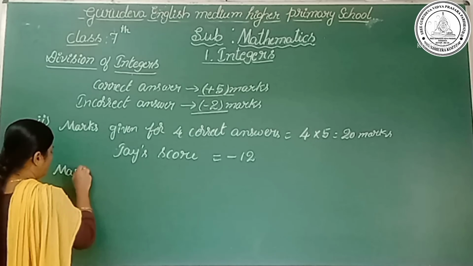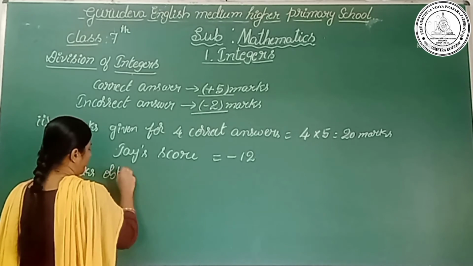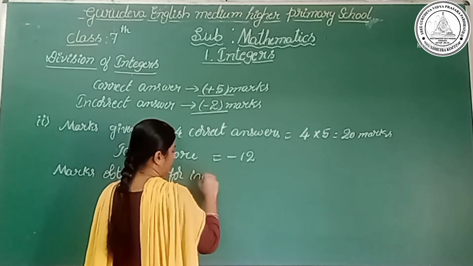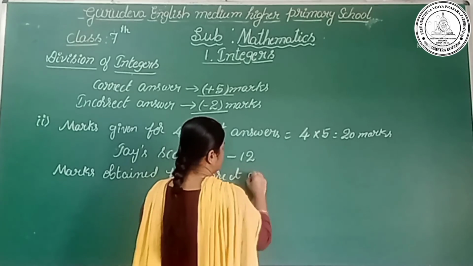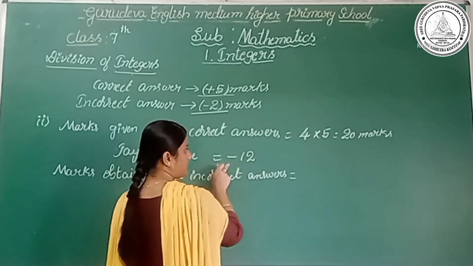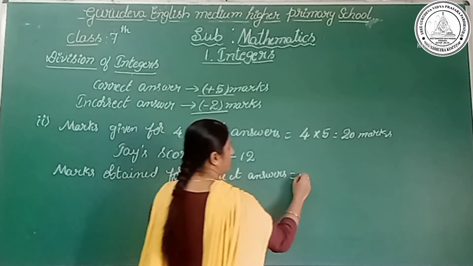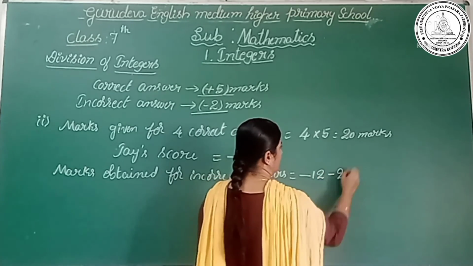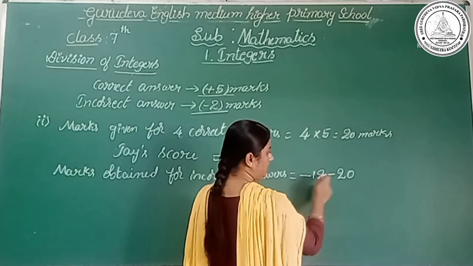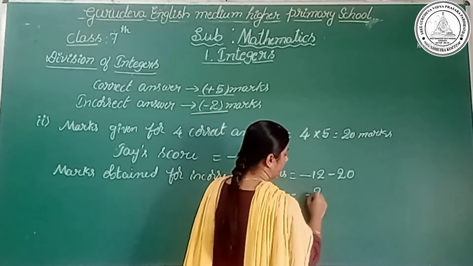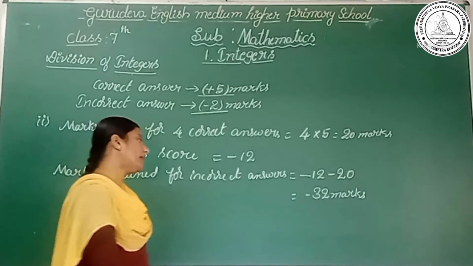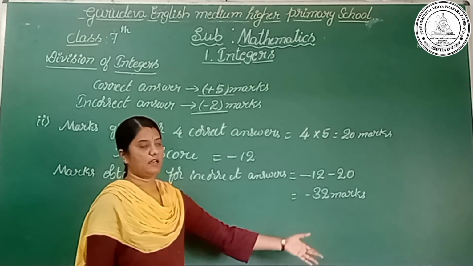The marks obtained for incorrect answers is equal to the total marks, minus 12, minus the marks obtained for the correct answers. Okay, so now subtract here. Minus 12 minus 20, which is equal to minus 32 marks for incorrect answers. So he got minus 32 marks for incorrect answers.